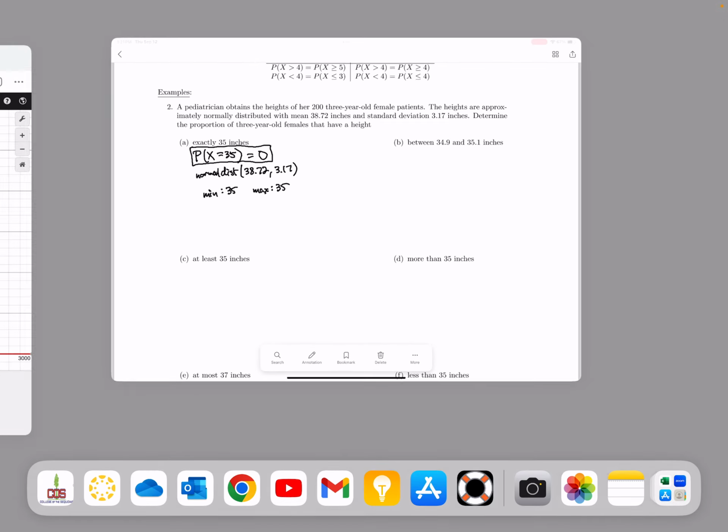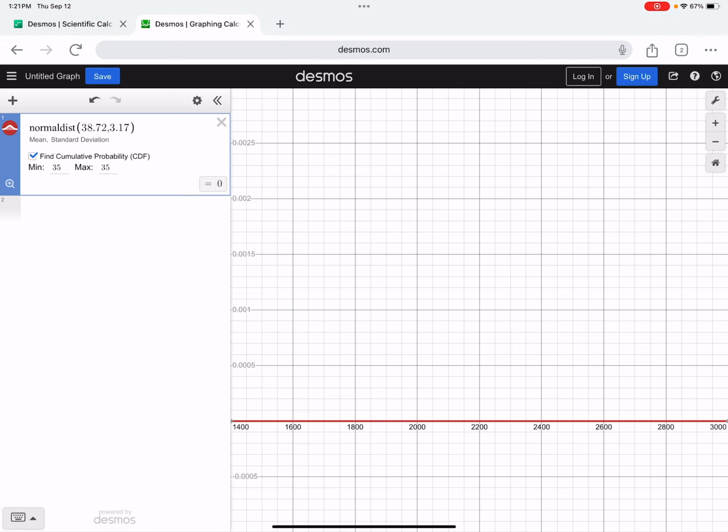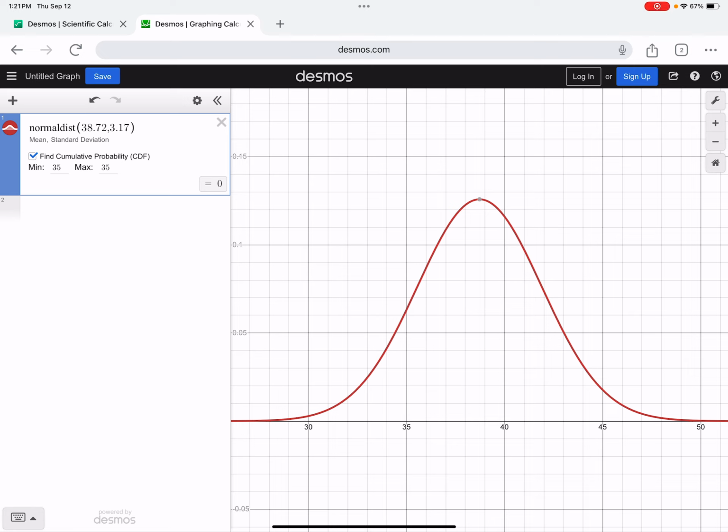Yes, 35. So probability x equals 35. We would put in 35 for the min, 35 for the max, and the probability is just 0. Here, let me zoom in. You notice that it's not highlighting anything. It's not even highlighting the bar on 35, because the width of that rectangle would just be 0.